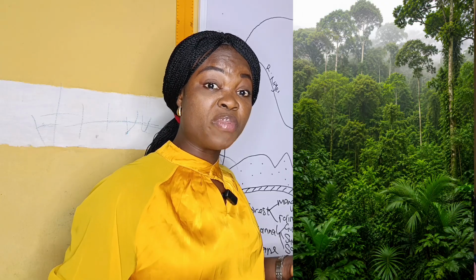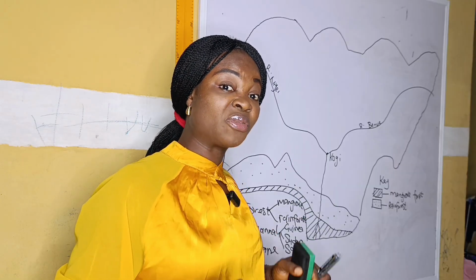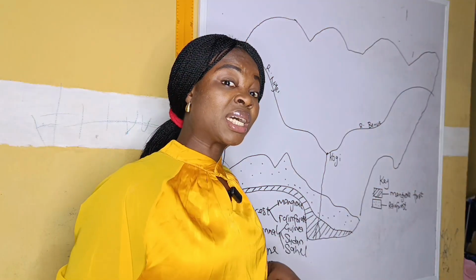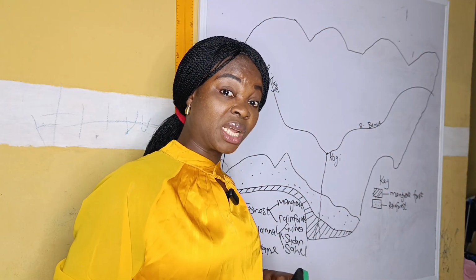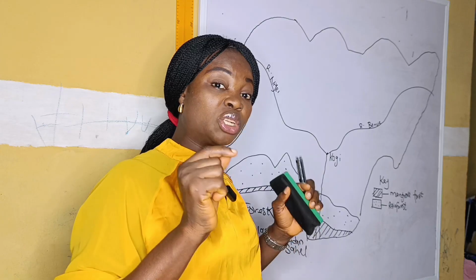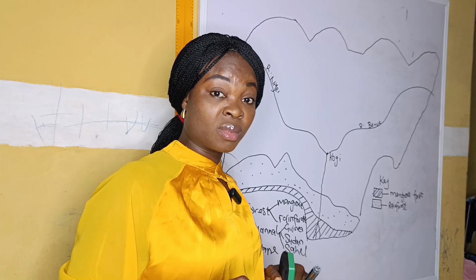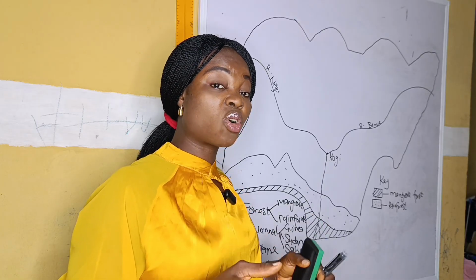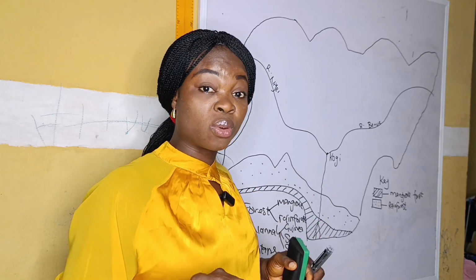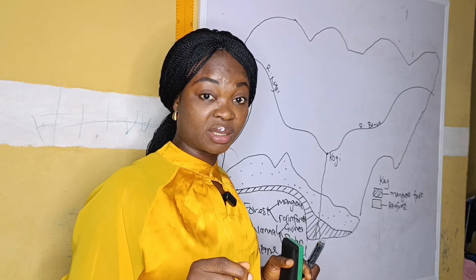Trees like Iroko and Obeche can be used for lumbering. It provides employment for lumbermen. Farming activities, especially cocoa, can be done in tropical rainforests. The wood from the forest is used as a source of fuel. These are some of the importance of tropical rainforests.